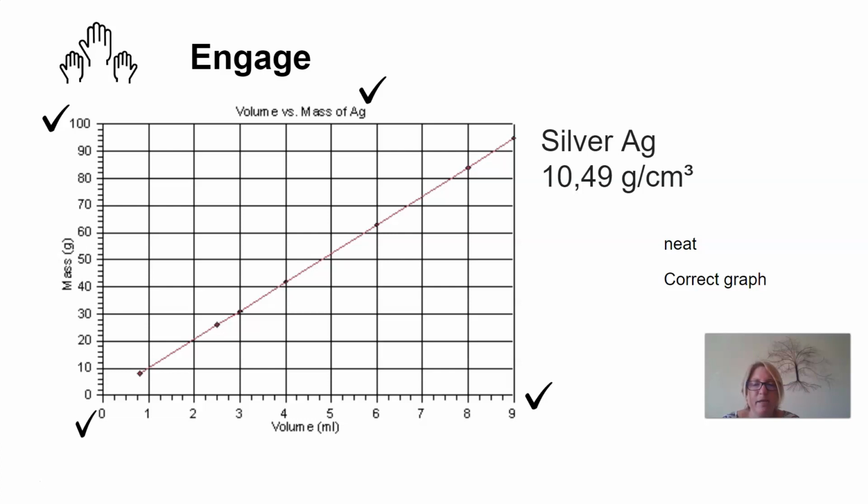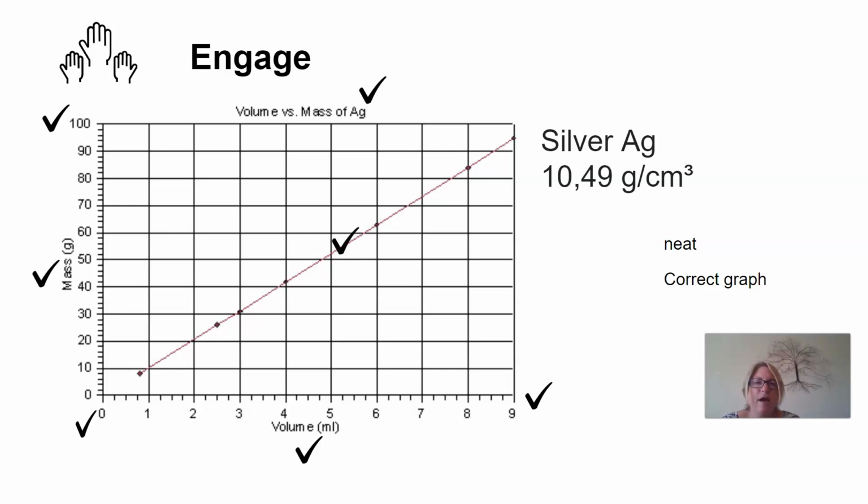So the origin must be 0, and you must have this clearly filled in. Then both your vertical and your horizontal axis need a title and units. It's very important that you don't forget the units.